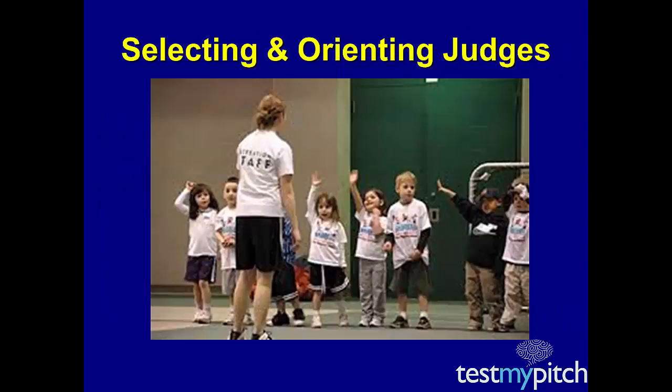So next, let's talk about selecting and orienting judges. This is a really important and critical step. Thinking again about what stage the individuals are that we're going to be judging should be part of how we select judges.